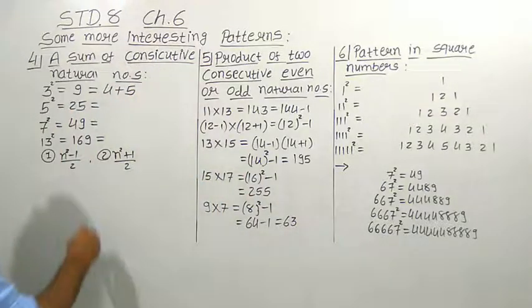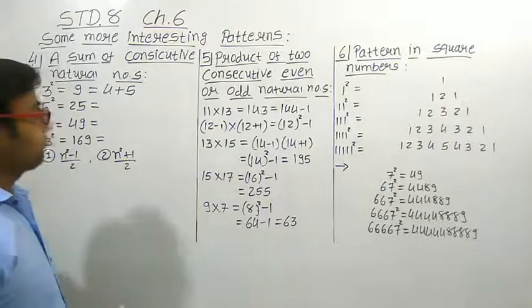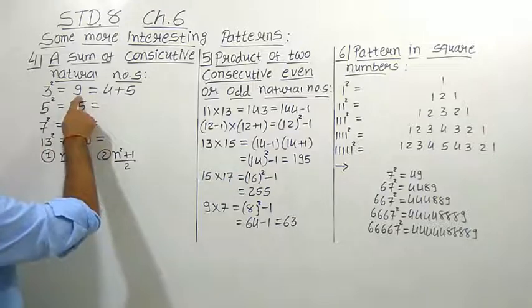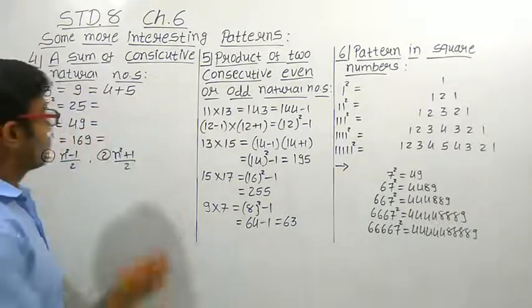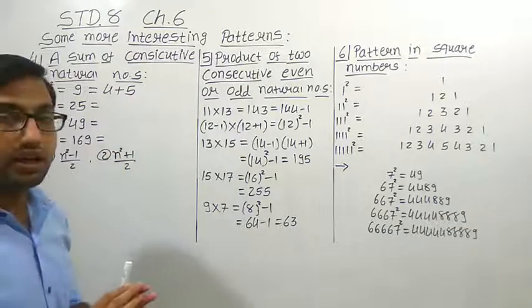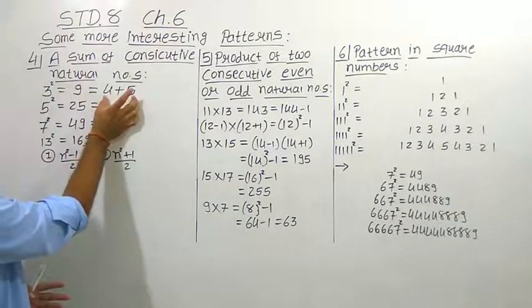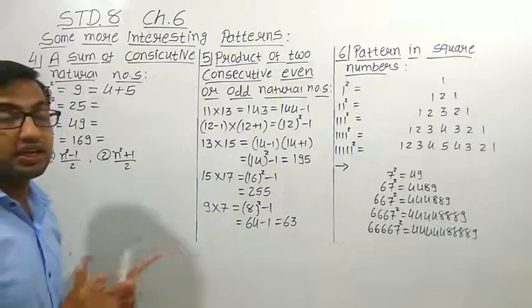Here, see, if we make the square of 3, then what will happen? 3 square is equal to 9, and 9 we can write as 4 plus 5. So 4 and 5 are consecutive numbers. Sum means if we add both these numbers we get 9, and 9 is a perfect square number, that is the square of 3.